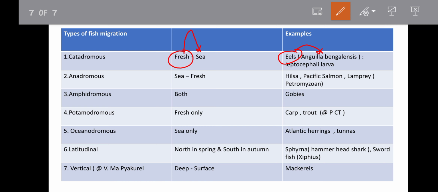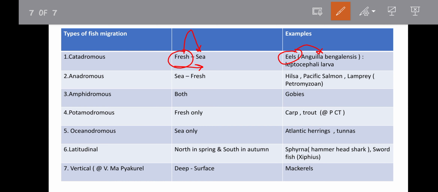So Catadromous means fish that migrate from freshwater to sea. Other examples are Anguilla vulgaris and Anguilla rostrata, that is European and American eels respectively.